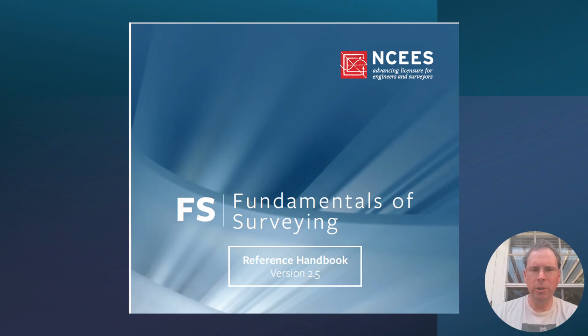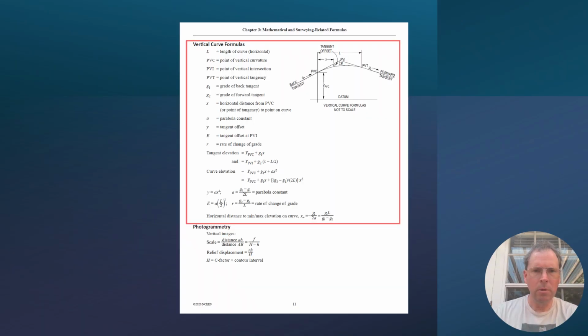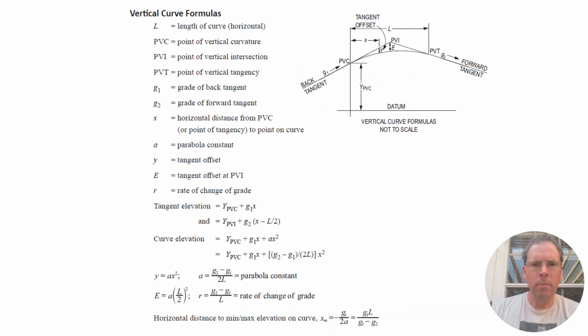Okay, let's go back to our equation book here. Next set of equations that comes up here is going to be the vertical curve formulas. Now these are all explained. You have the length of the vertical curve, you have the point of vertical curvature, which is like the beginning, and you have the PVT, which is the point of vertical tangency, and you have the point of vertical intersection.